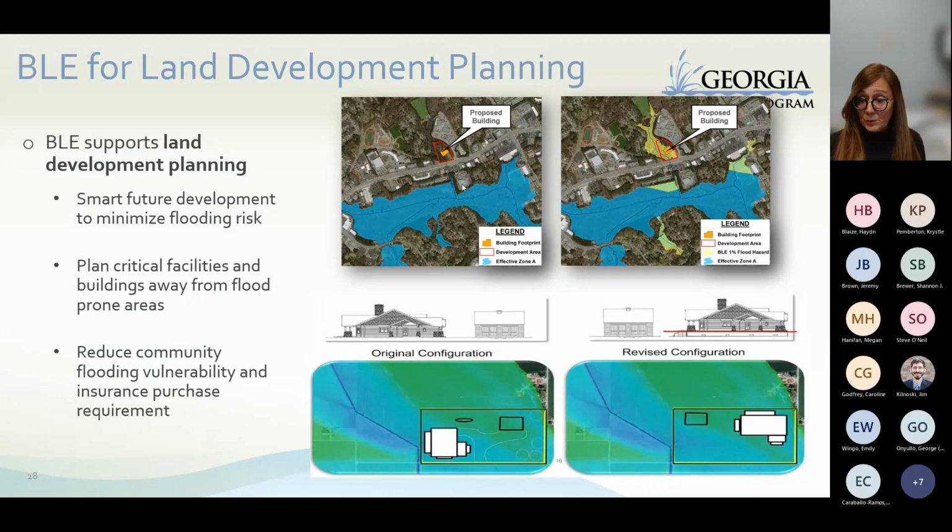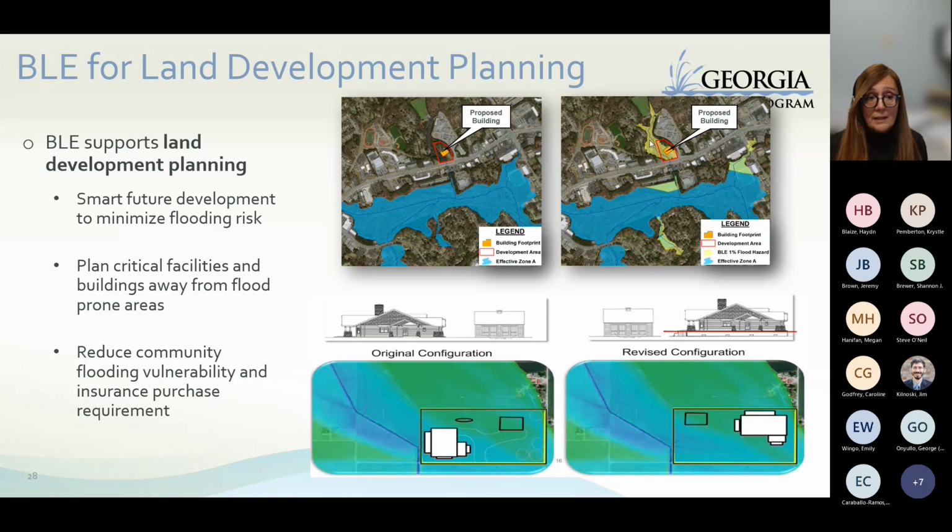Here, they're shown in blue. If you are planning a proposed development on this property here, based on the effective maps for the community, this property is located outside of the special flood hazard area, and no information about the existing flood risk for this area is known.